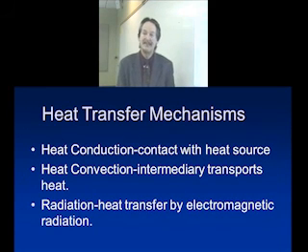One requires that you be in contact with the source of heat, and that's heat conduction. One requires that there be a medium that transfers heat energy from the source to the desired place, that's convection. And the last one is radiation, which requires that there be no contact between the source and the desired location for the heat, but it is simply transmitted by electromagnetic energy.